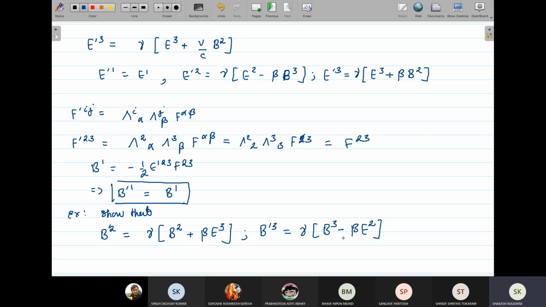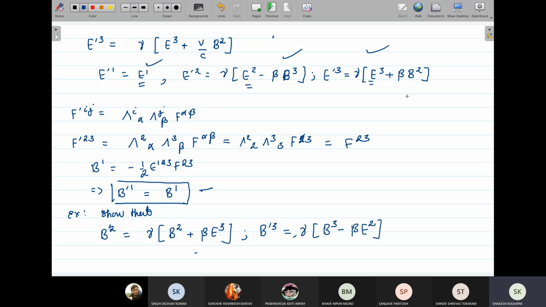Now, suppose in a given frame someone tells you that there is an electric field only. That statement is not consistent with special relativity, because one can go to any other frame and say that no, there is an electric field as well as a magnetic field, which are given by this. Now I know the transformation.